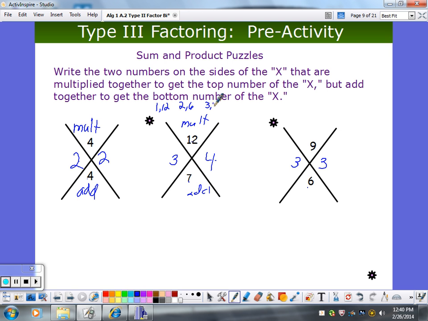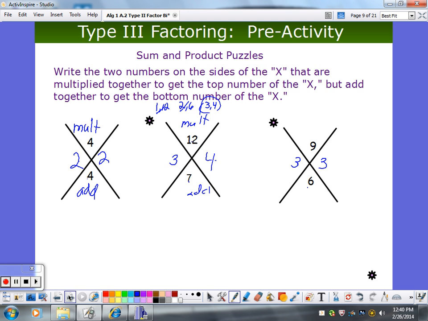And 3 and 4. Now, I need ones that add to 7. No. No. Yes. So some of you have brains that do that at lightning speed. You don't even know that you're doing that. Some of you may need to actually write it out and look. Doesn't matter. You're not a better person if you're one or the other. Okay? It's just how it works.